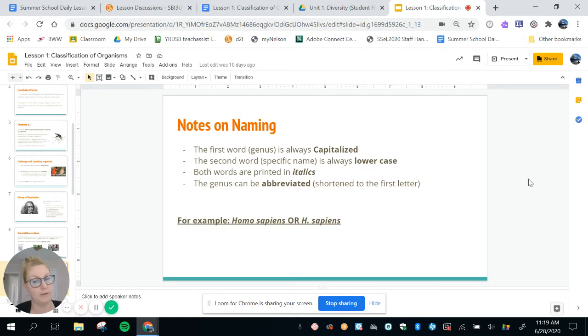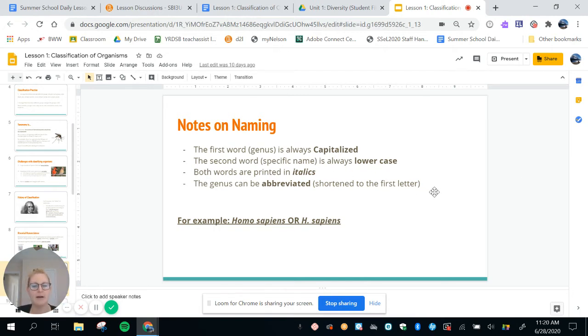A couple of notes I just wanted to put in: we have a pattern for how we name this, similar to chemistry, where there are rules to follow. With binomial names, these scientific names, we always write the genus first and we capitalize it. The specific epithet or specific name is always lowercase, both of them in italics.